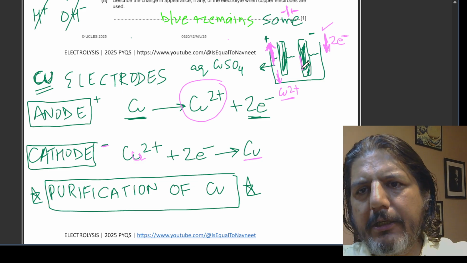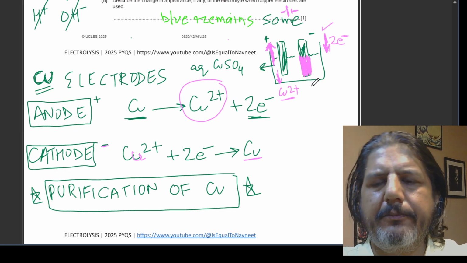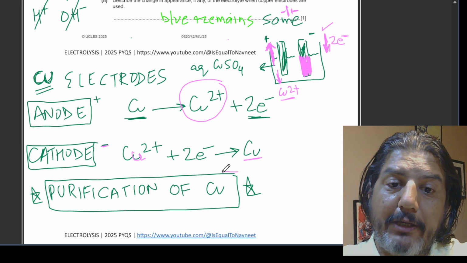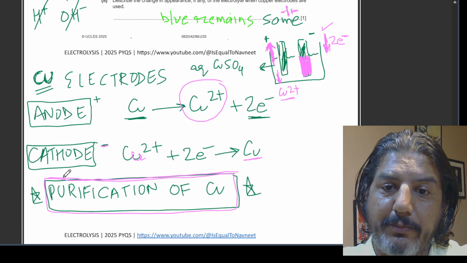You will see a reddish brown layer of Cu here. This is actually called the purification of copper. This is used in the purification of copper, where we want to increase the concentration of copper.